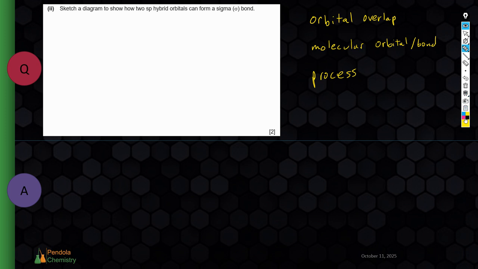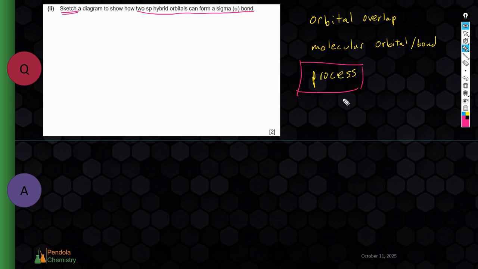So if we read this question carefully, it says sketch, so the first thing we need to know is that we're drawing a diagram to show how 2 hybrid orbitals can form a sigma bond. Not a sketch of the orbital overlap between 2 sp hybrid orbitals, not a sketch of the molecular orbital formed by the sp hybrid orbitals, but a sketch of how they can come together to form a sigma bond.